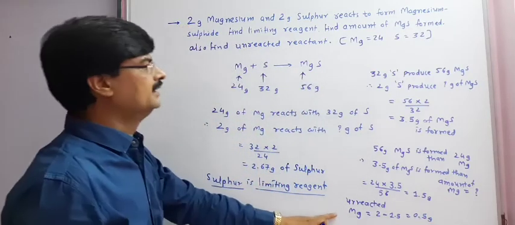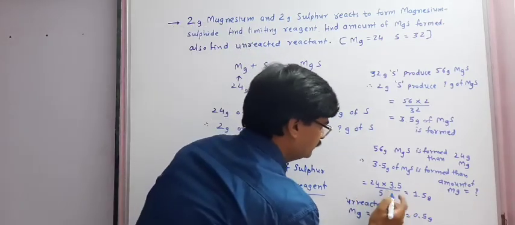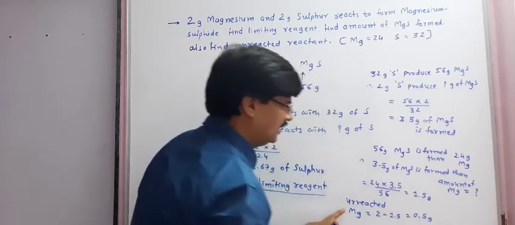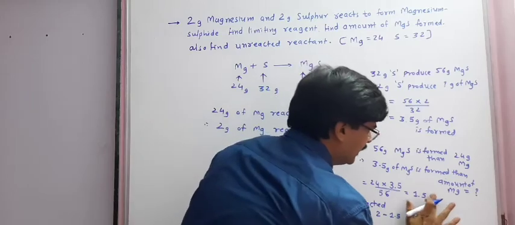So we can say unreacted magnesium is 2 minus 1.5, that is 0.5 gram.